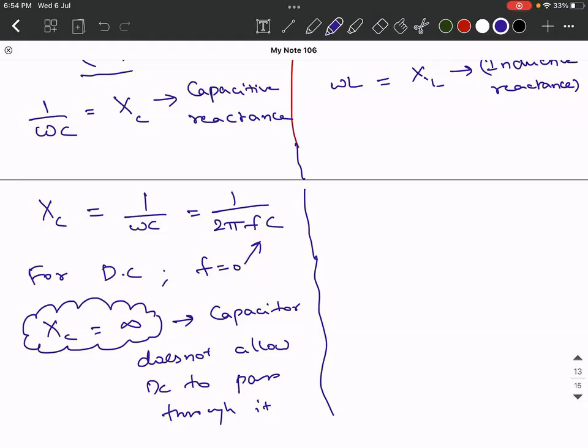Generally, in competitive exams, you get these kinds of questions where a resistor and capacitor are connected in series. If they are connected across a DC source, then the current through the resistor will also be zero.